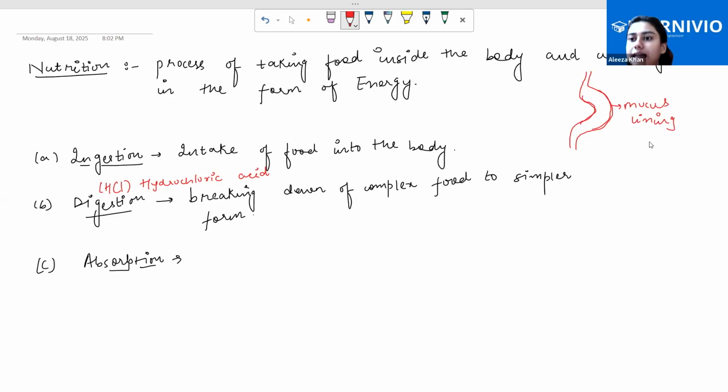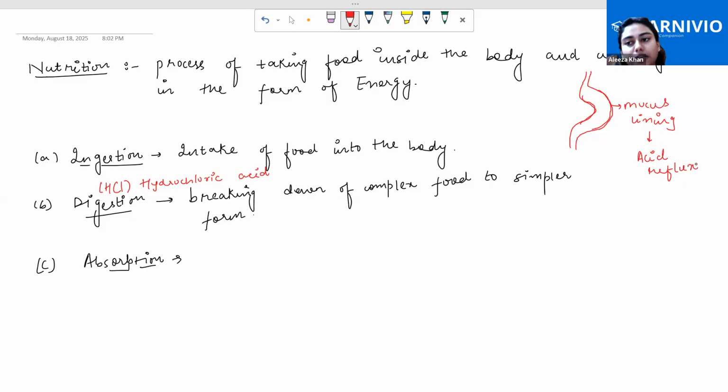Do you know what acid reflux is? Ma'am, I've heard of it. Acid reflux is when it seems that your acid is coming out of your mouth, or I can say it is coming into your esophagus. Esophagus is the food pipe.